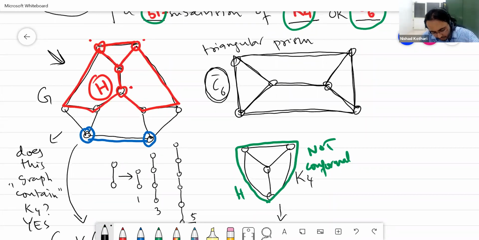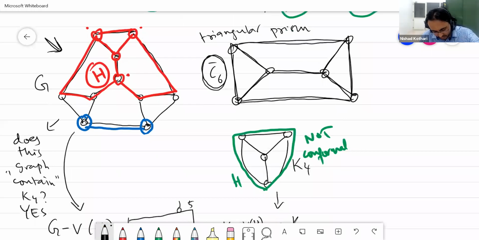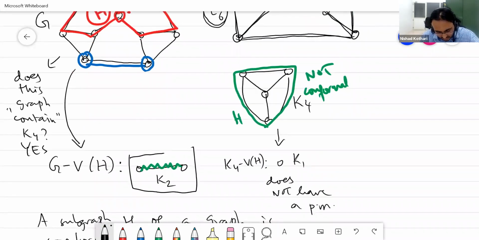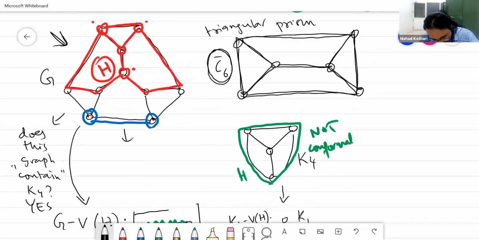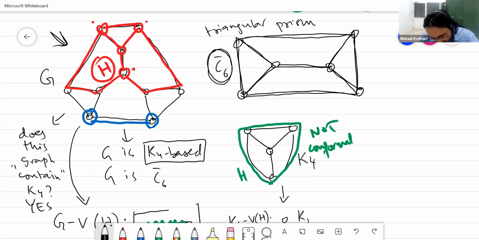However, you can prove, I won't prove it here, that this graph does not contain the triangular prism. Okay, so this particular graph, G, is K4 based because it contains K4, and it is prism free because it does not contain the prism. Okay, so is the usage of based and free clear? Whenever a graph contains K4, I will say it is K4 based, otherwise I'll say it is K4 free, right? And the same way for the prism.